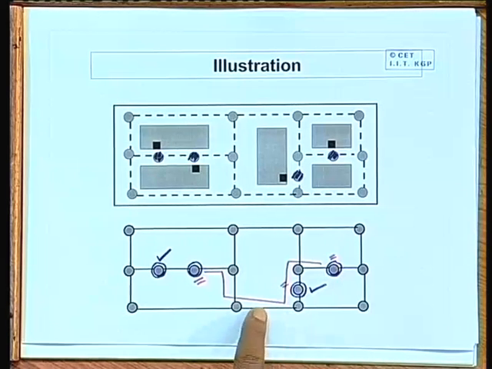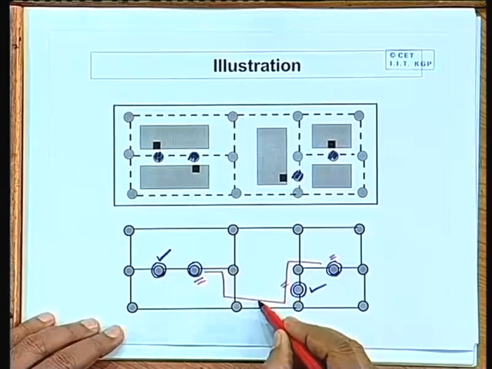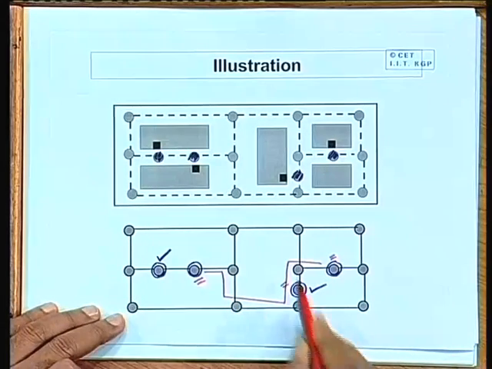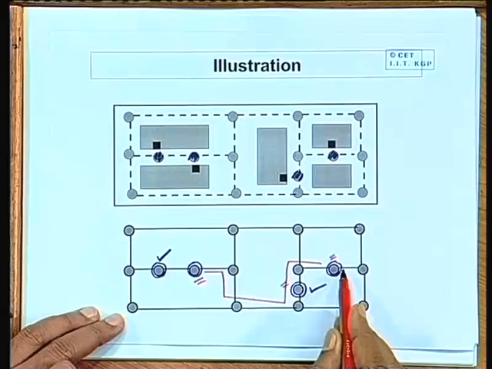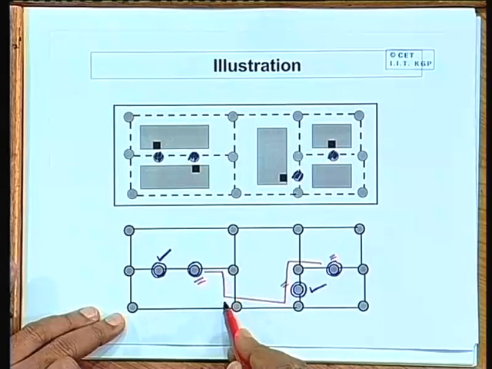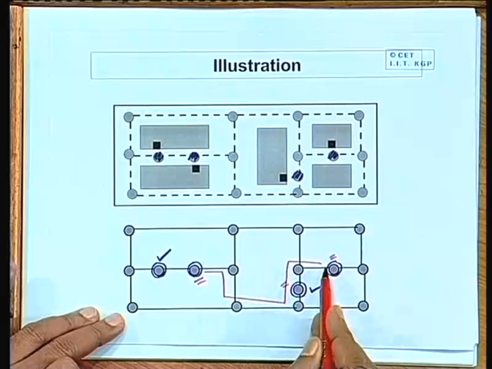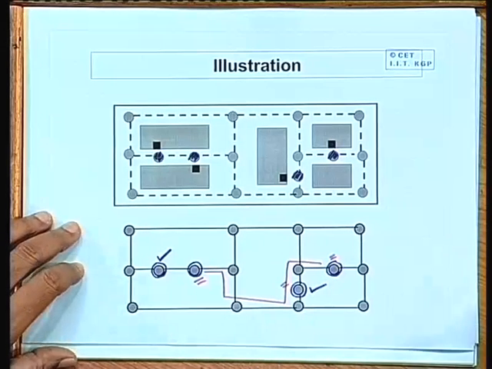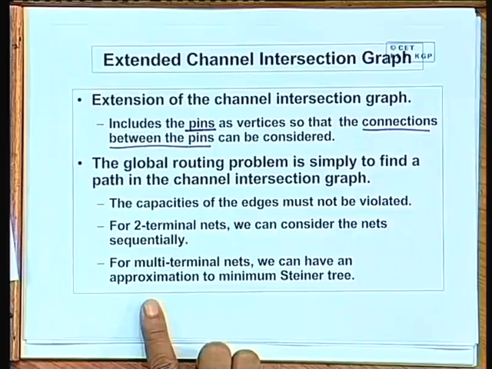But of course, in this Steiner tree you cannot let an edge go out of any other place. So here, although we are calling it a Steiner tree, it is a path in this graph. But here what you do, again without violating the constraints. But the algorithms for routing these multi-pin nets are approximate in nature.